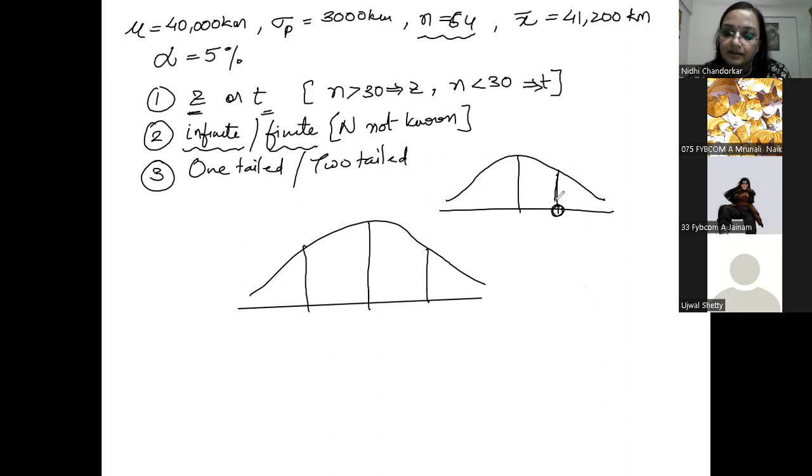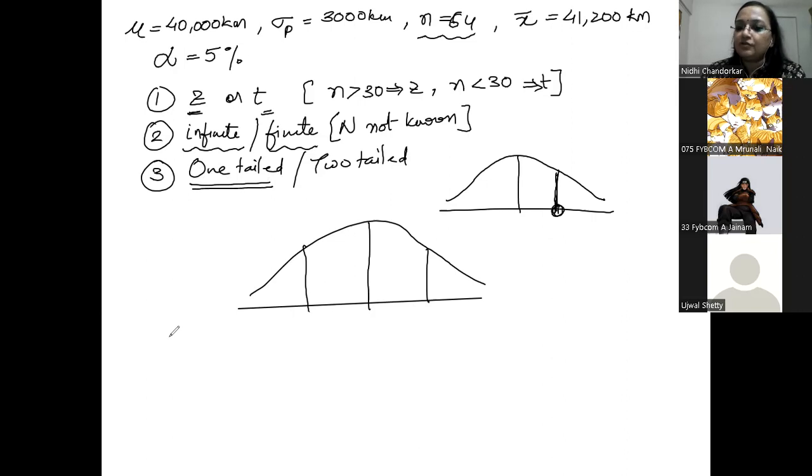So our test will be, can you try it once again? What test will it be? I think Ujjwal was responding to it. Ujjwal and Janam. One-tailed. Yeah, it is one-tailed because they're clearly asking whether it has become better or not. That means whether the life has increased or not. So that is why it is one-tailed test.